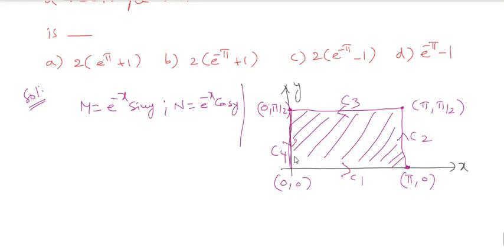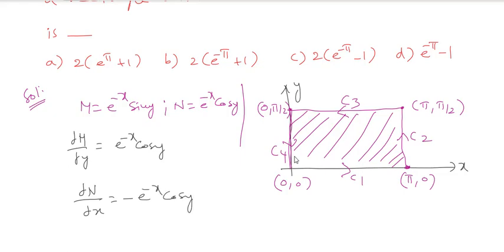Yeah. What is dou M by dou y? Dou M by dou y is nothing but e power minus x cos y. Similarly, dou N by dou x, because you have to apply the Green's theorem, is minus e power minus x into cos y. Am I correct or not? Yeah.